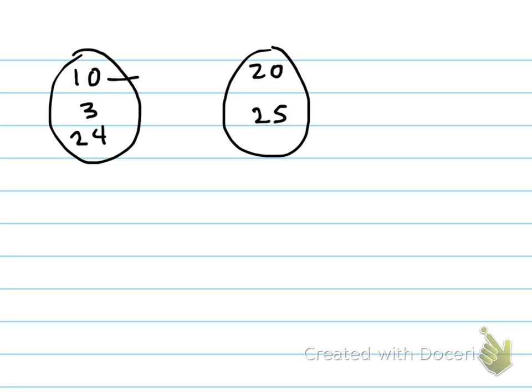Now they're going to give you a series of arrows. This one, they give you that 10 goes to 20. They say that 3 goes to 25, and that 24 goes to 20. And you might be tempted to say that since both of these lead to 20, then this is not a function.